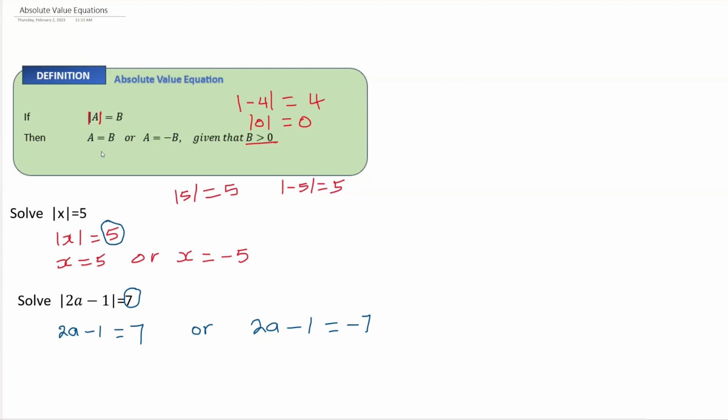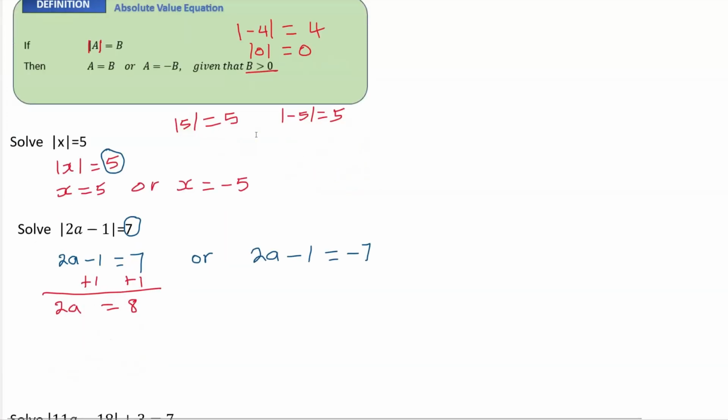We solve these the same way we solve any linear equation. We just add 1 to both sides, so 2a is 8. Then we divide both sides by 2, so a is 4.